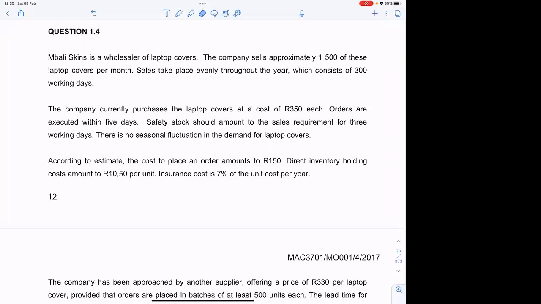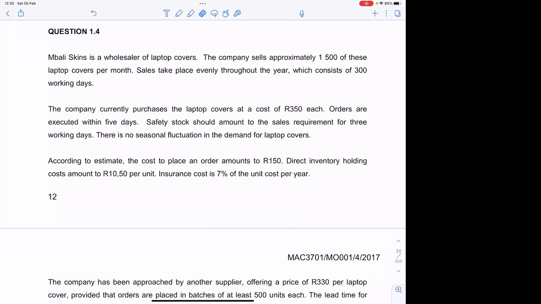So the question you need to ask yourself is: my inventory holding cost is the direct cost altogether. Now we come back to MAC 2601 and we say a direct cost is a cost that changes because of the level of activity. So a direct cost will never be the same.